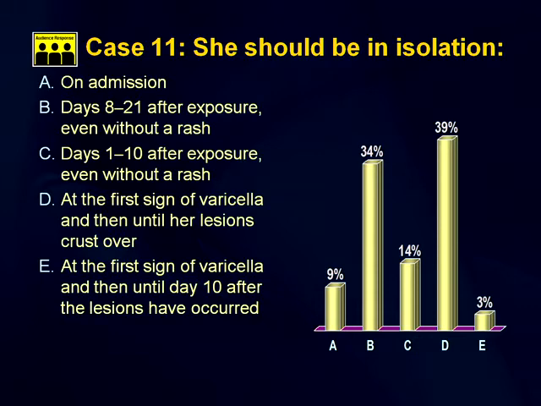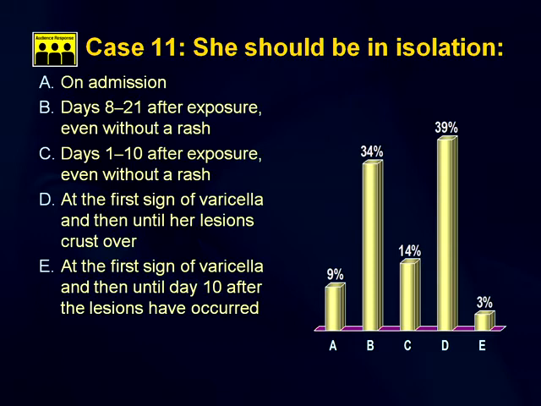So she's not going to be infectious until the day before the varicella shows up, okay? So the day before the varicella shows up is when she starts getting infectious. So what's the problem with that? Well, the rash shows up today. Yesterday, she was in the playroom, and she was infectious, okay?